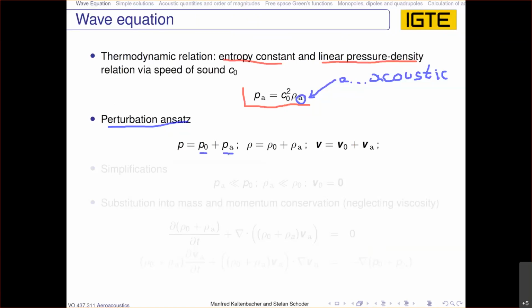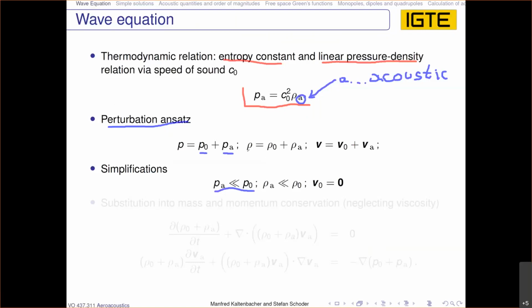So below 20 Hertz, we cannot really recognize such pressure fluctuations. So that means, as you also see on this part here, we assume that this pressure amplitude is very small compared to the ambient pressure. Perhaps you know the ambient pressure has a value of about 10 to the power of 5 Pascal, and 1 Pascal is already a high acoustic pressure. So you see there are really decades in between.